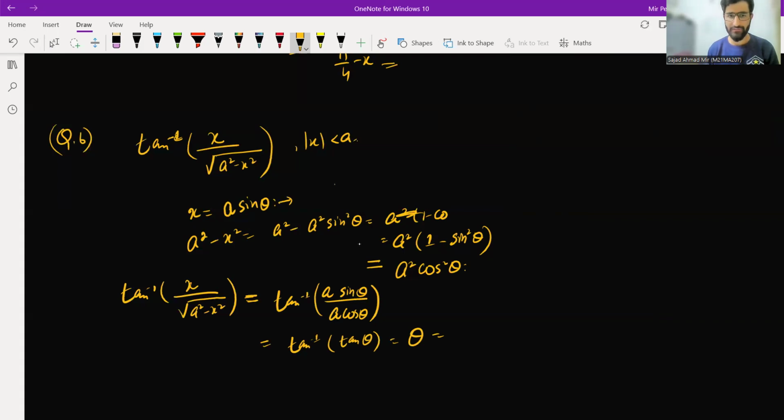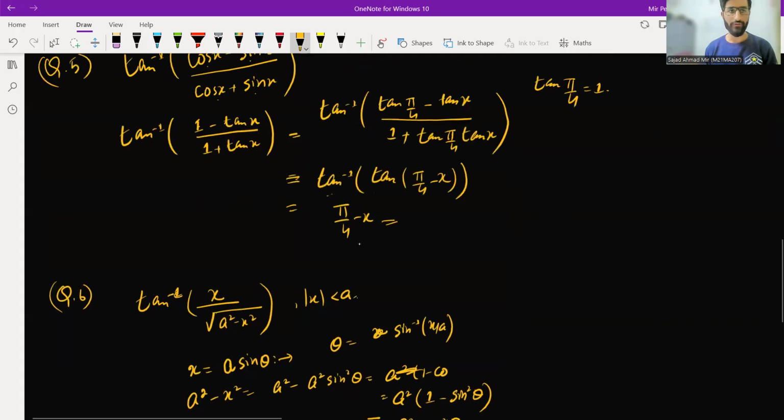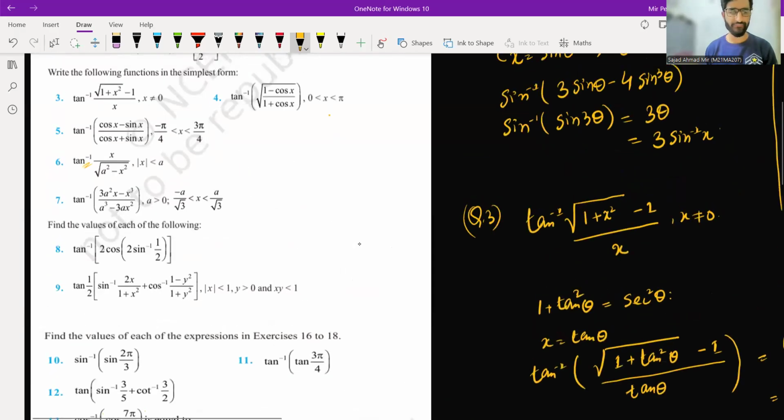Theta we can write as theta is equal to sine inverse x by a. That's the simplified form for this question number 6.